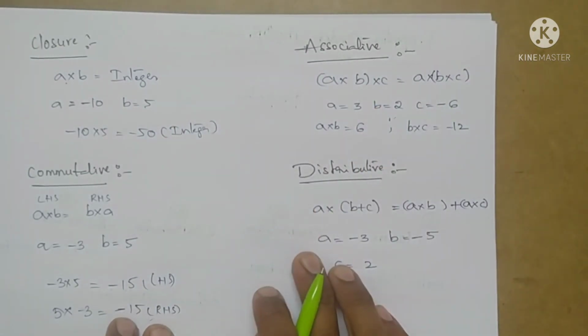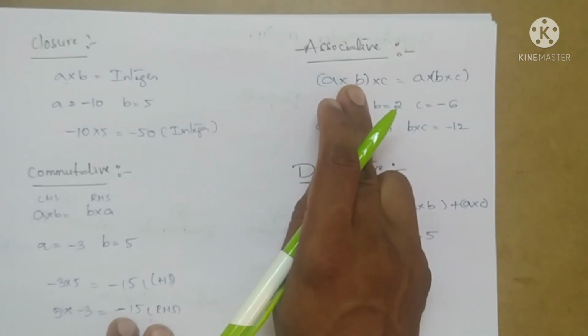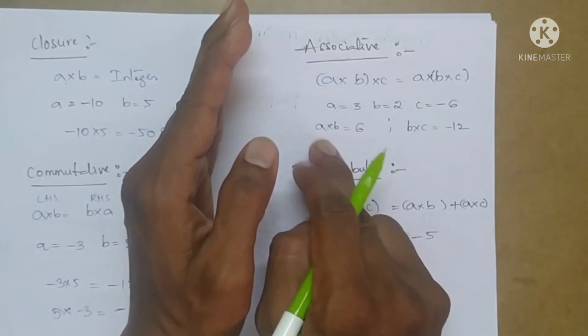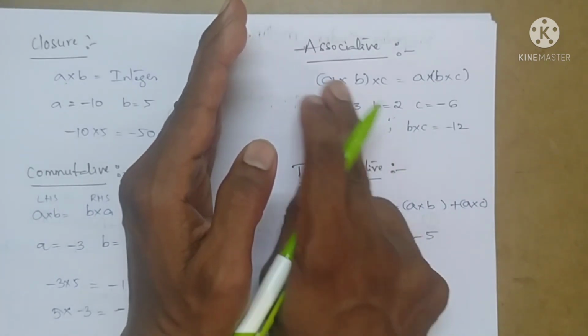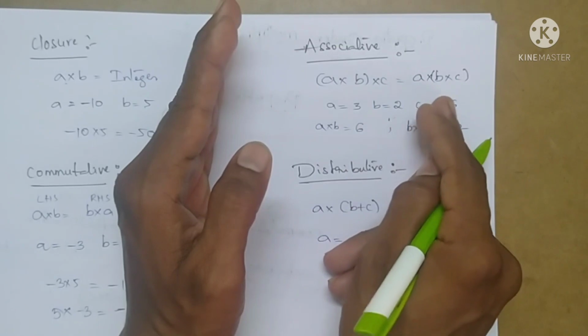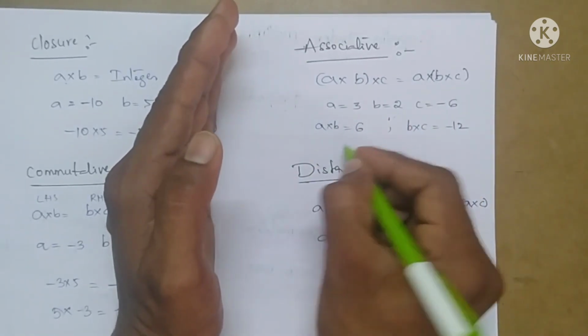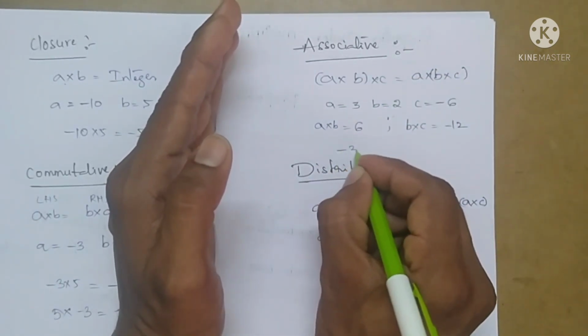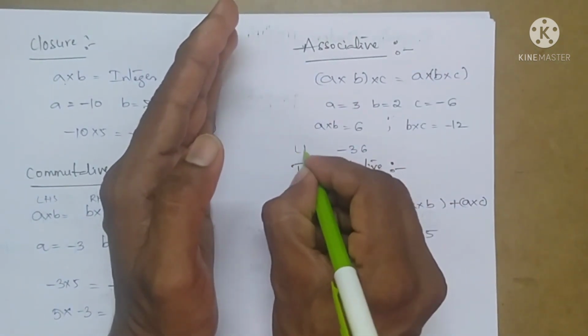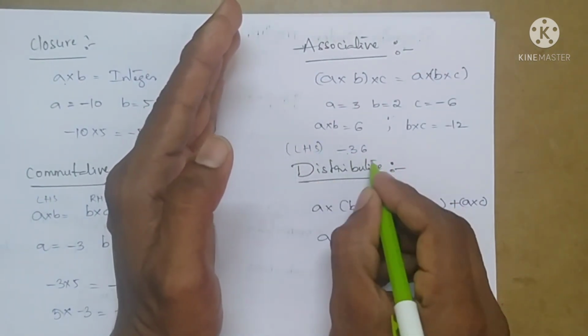On the LHS side, a into b into c means a into b is 6, into c, 6 6s are 36, plus into minus, so the result is minus 36. LHS result is minus 36.